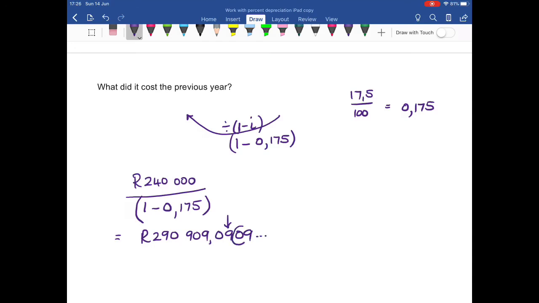Money's rounded to 2 decimal places. I look at the neighbor, which is 0, less than 4. 4 or less, let it rest. So this would be 290,909 Rand and 9 cents, rounded off. So that's what the car would have been worth in the previous year.